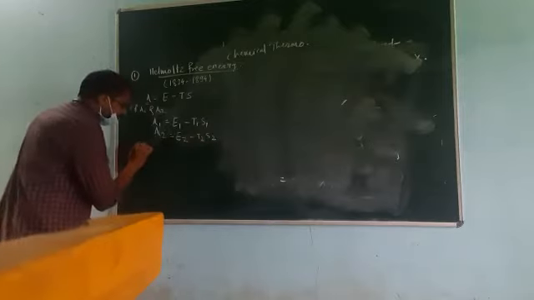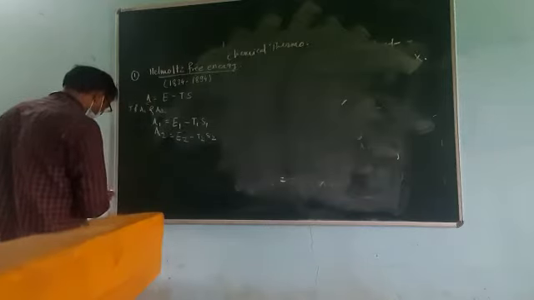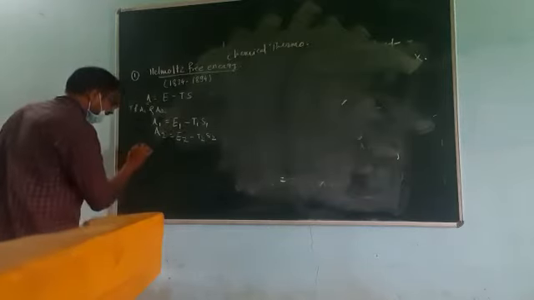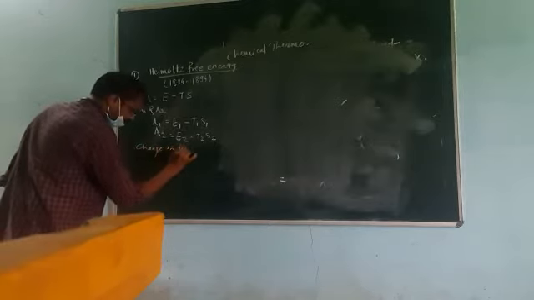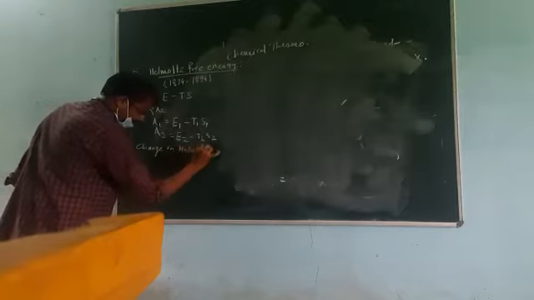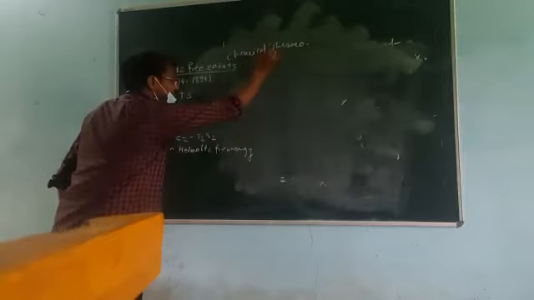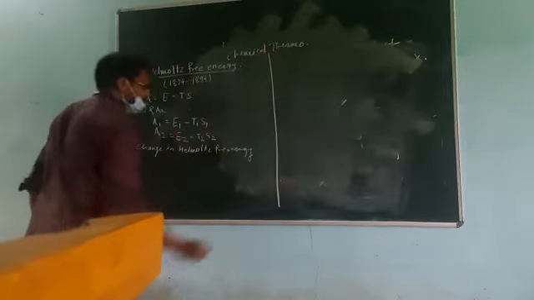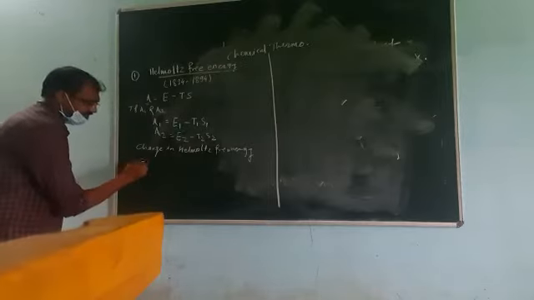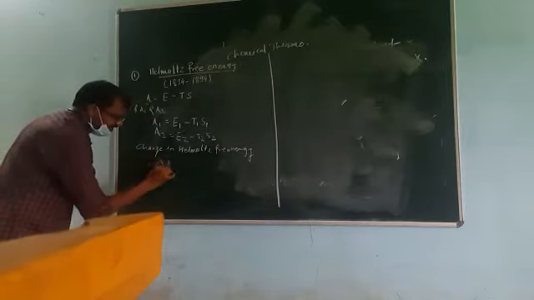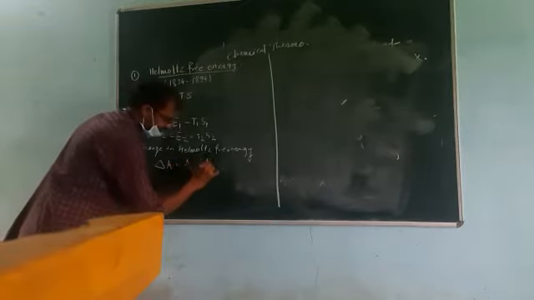The change in Helmholtz free energy is given by the relation delta A is equal to A2 minus A1.